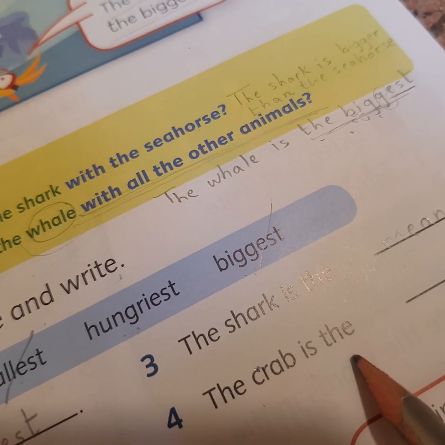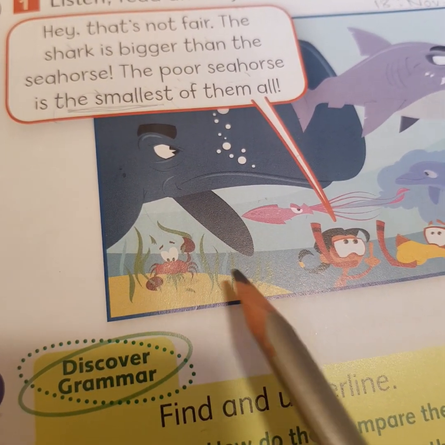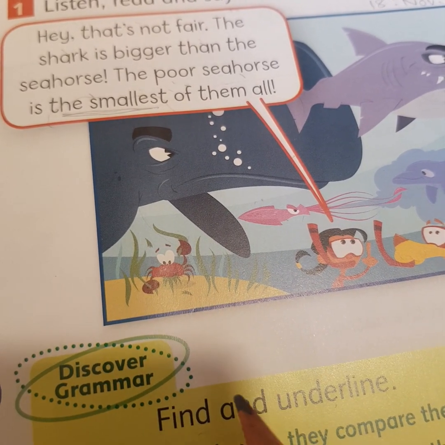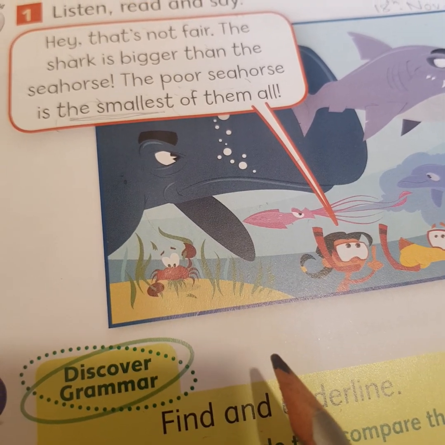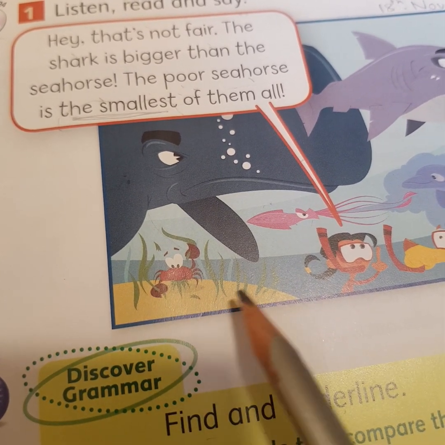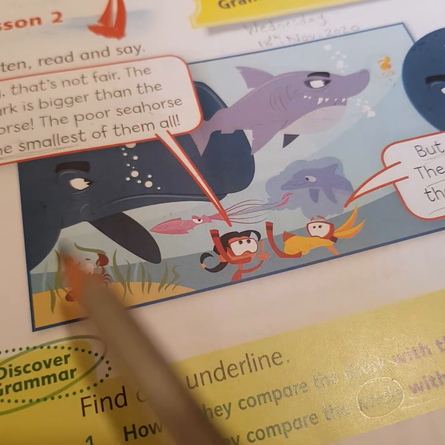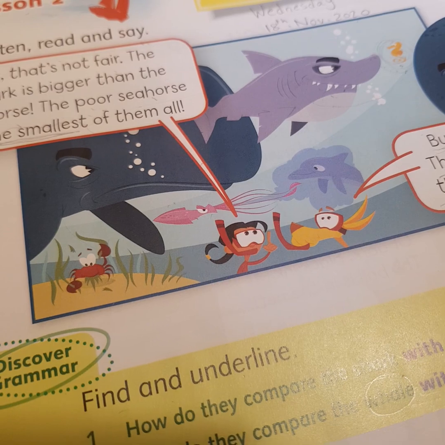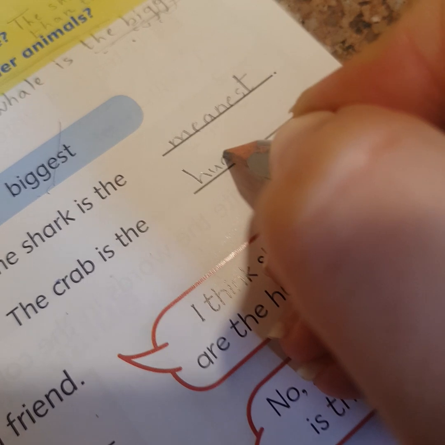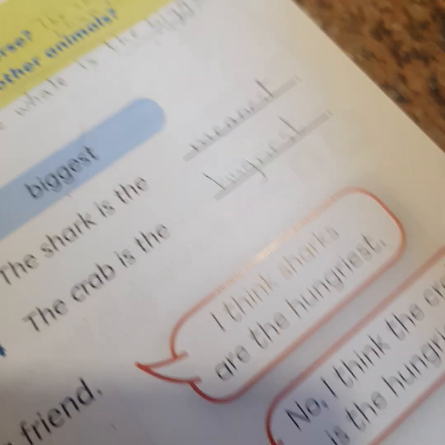Okay, the crab. Look at the crab. He's trying to eat all of the grass. Look at his mouth. His mouth is full. تمه مليان. So, how can we compare the crab with all the animals? Yes, it's the hungriest. هو أكتر واحد جوعان وعم بياكل بالصورة. So, the crab is the hungriest.